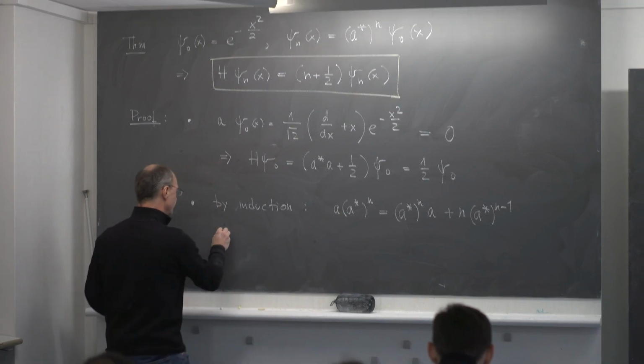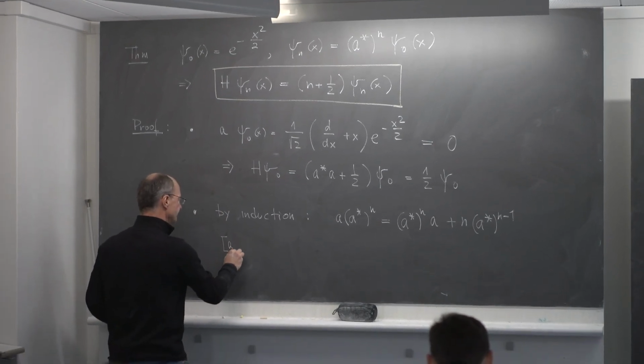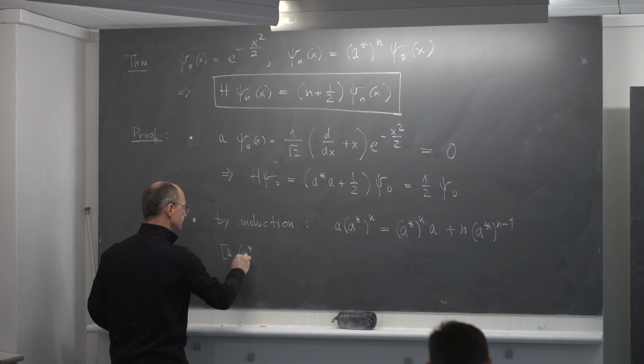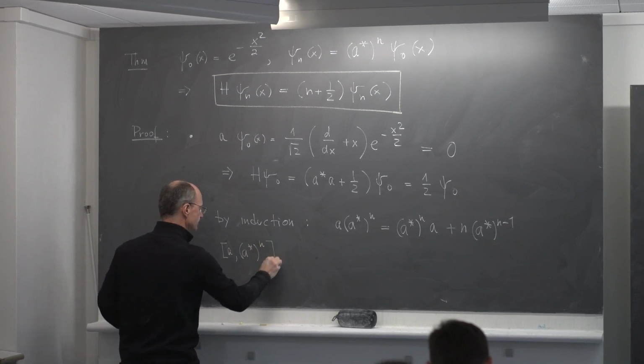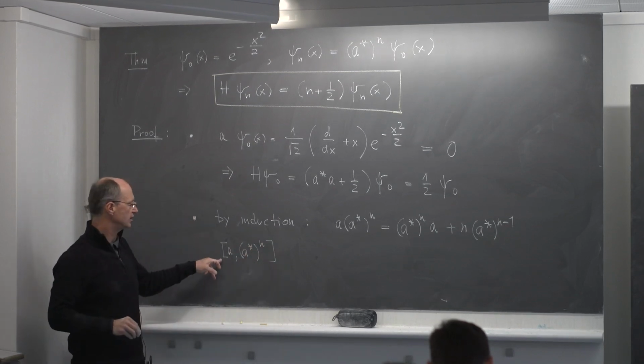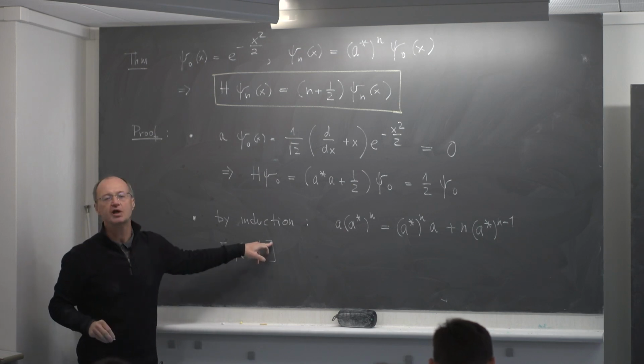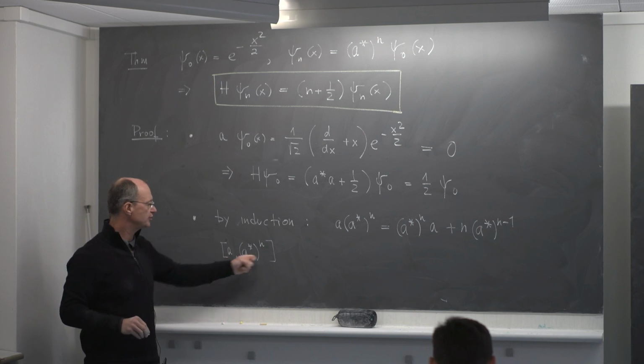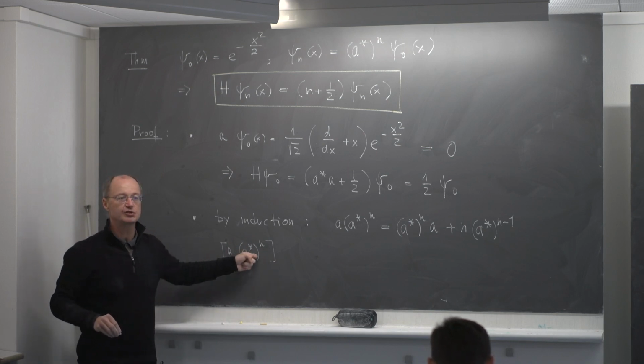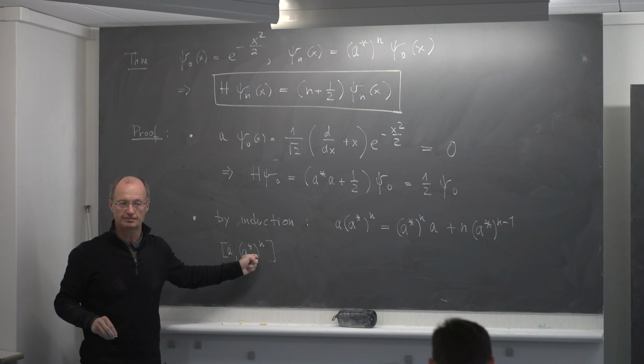Let me rewrite it in the following way. I want to compute the commutator of a with a star to the n. Notice that the commutator is a differentiation in our algebra.